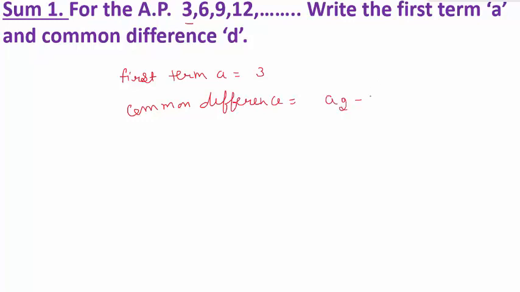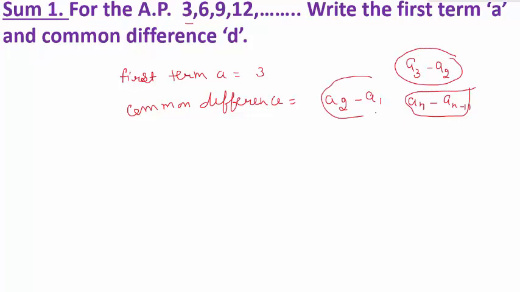A2 minus A1, और A3 minus A2, या फिर AN minus AN minus 1। अगर आपको D निकालना है, मीन्स कॉमन डिफरेंस निकालना है, तो आप कंसेक्यूटिव टर्म का डिफरेंस ले लीजिए, A2 minus A1। ये ध्यान रखना है कि यहाँ पे जो नंबर आएगा ये बड़ा आएगा, मीन्स AN then AN minus 1.